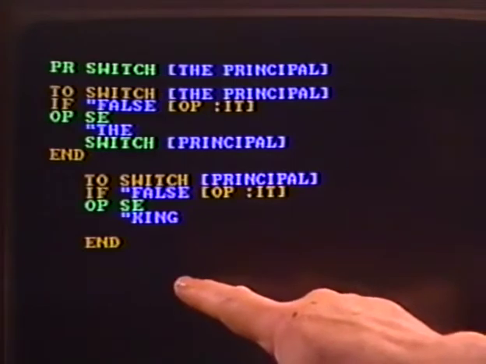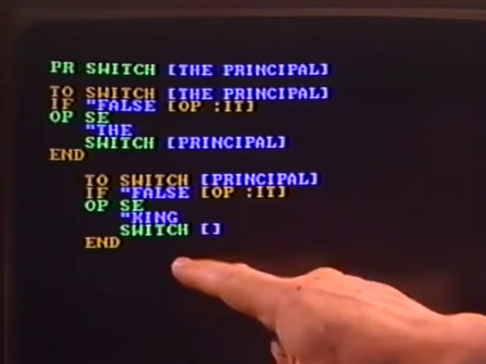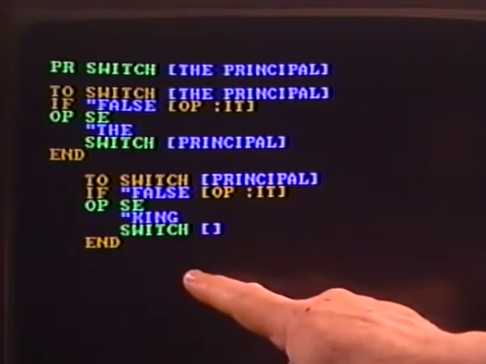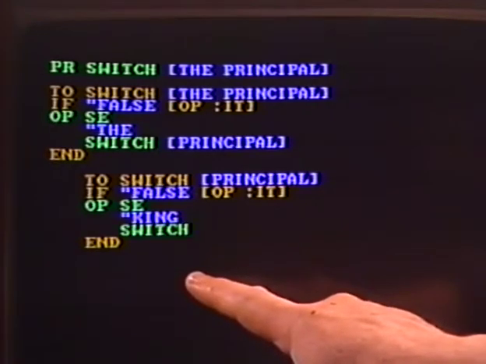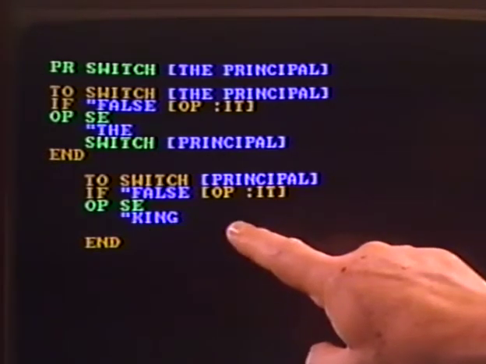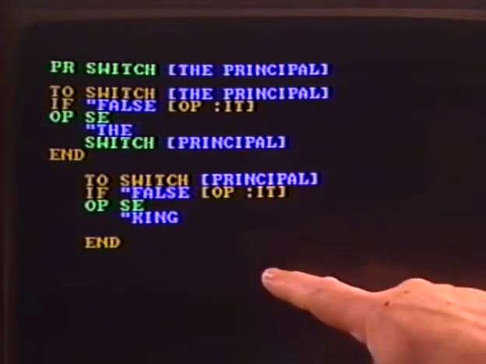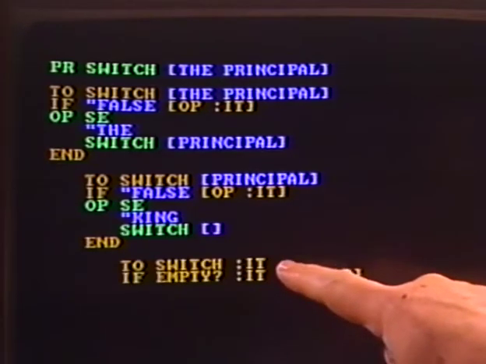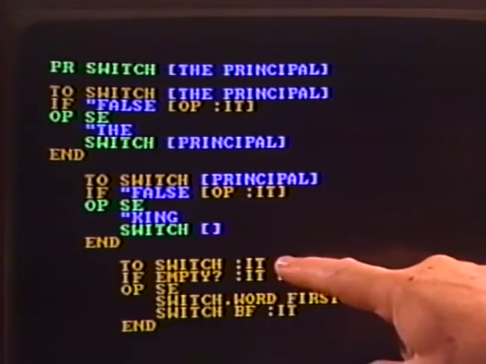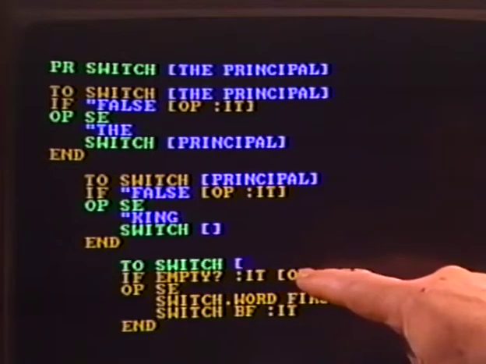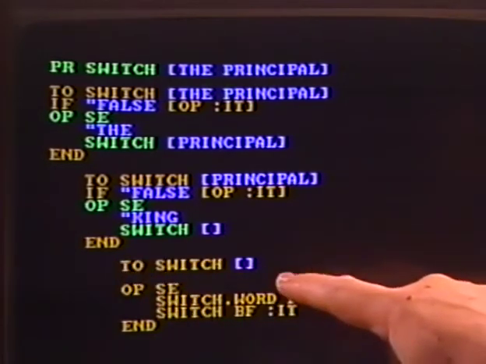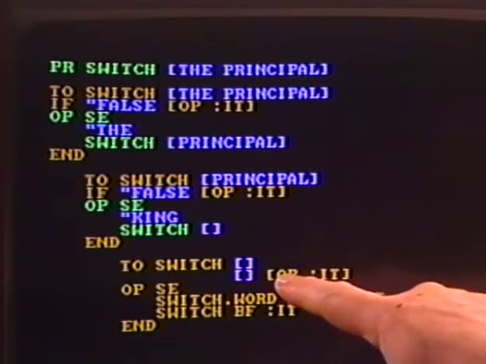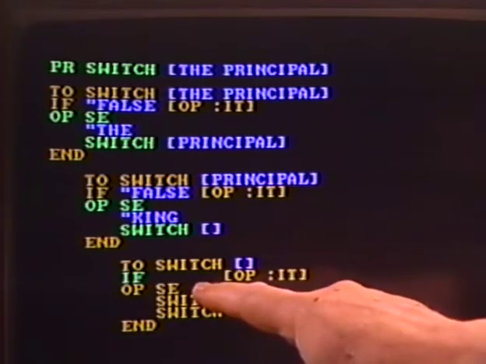Sentence is waiting for its input here. It, in turn, is going to need another copy of switch, another actor here, with an input empty, the empty list. Here we go. It will become empty. And this time, it is empty.